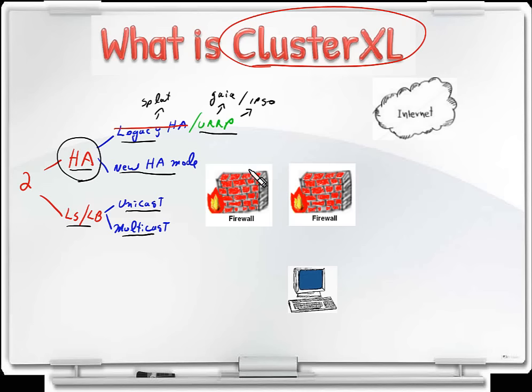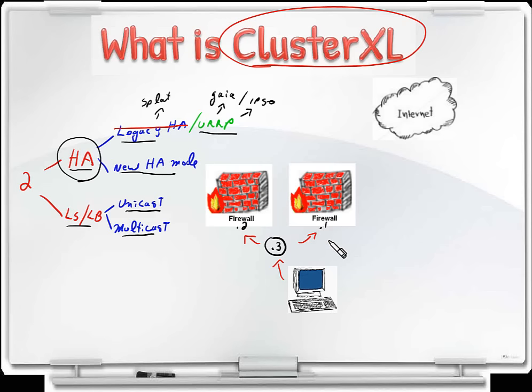And in order to make ClusterXL redundant and transparent, ClusterXL works with a virtual IP address. There's a virtual IP address that all traffic will be forwarded to, and each of the machines has obviously a physical IP address. So when the traffic is forwarded to the virtual IP address, it could be processed by one or more machines depending on the clustering solution that you have.